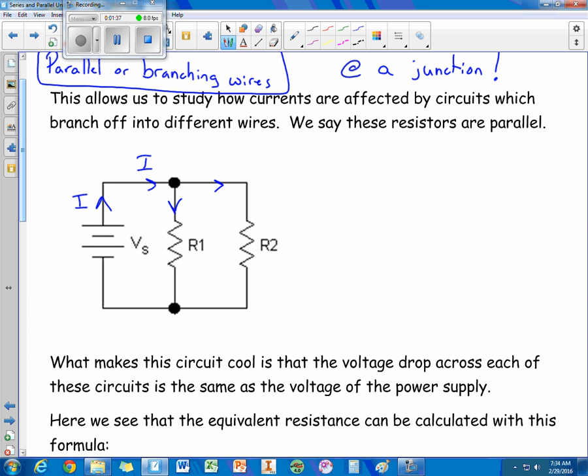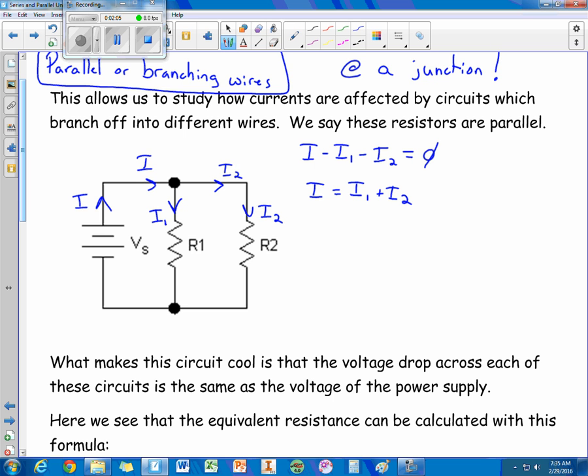So since this one's going through R1, I'm going to call this current I1, and this current is going to go through R2, so I'm going to call it I2. And once again, we consider these negative compared to the first one, so I can say that I minus I1 minus I2 equals 0, or I equals I1 plus I2.